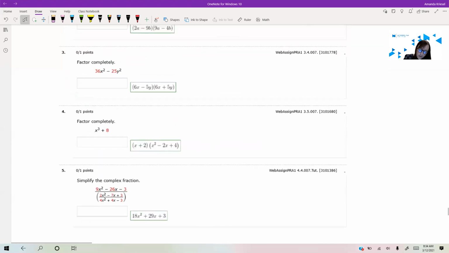Okay, so for this next one, we want to factor completely. This one has two terms. With two terms, you tend to have a special form: either a difference of squares, sum of squares, difference of cubes, or sum of cubes.